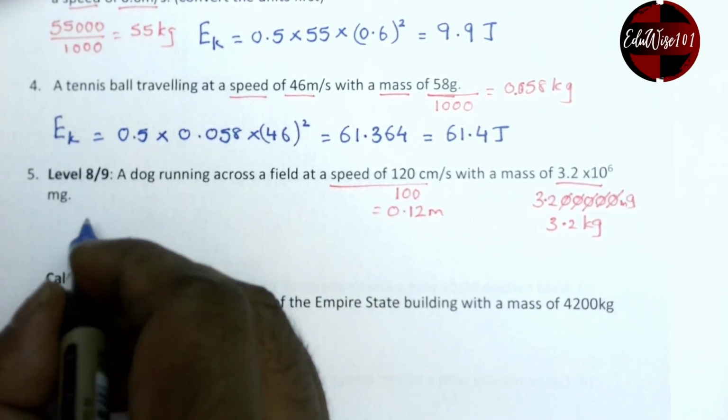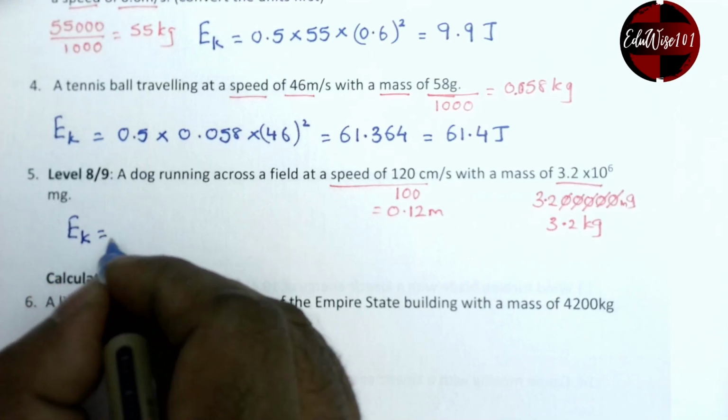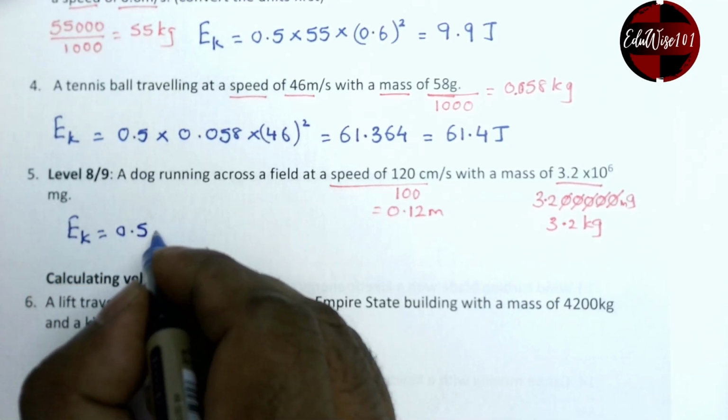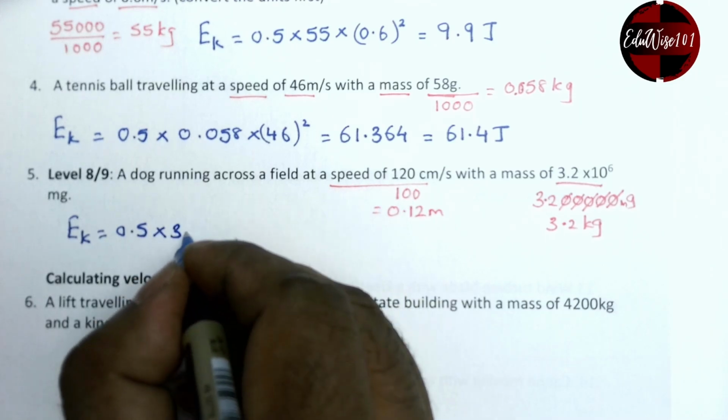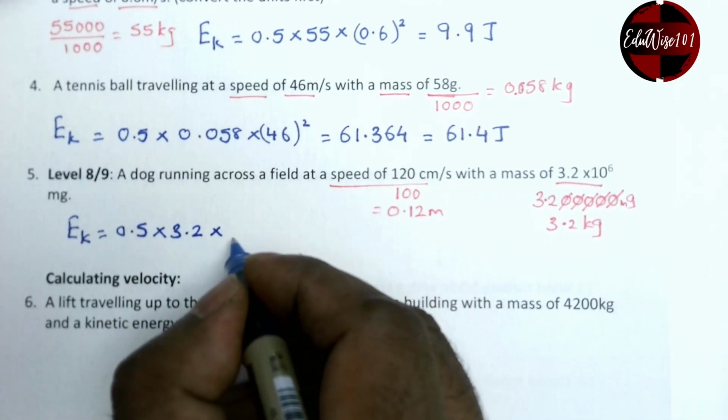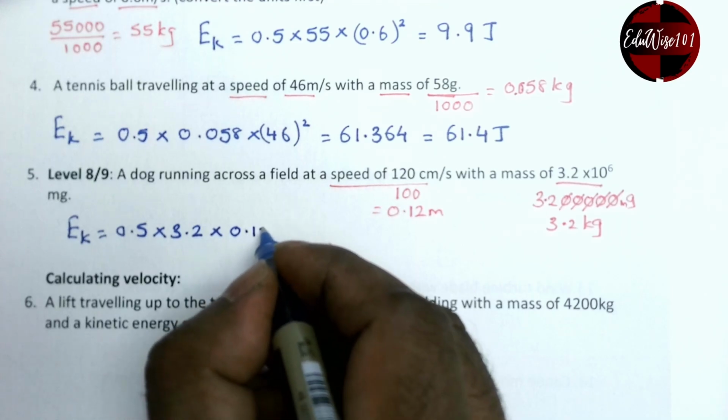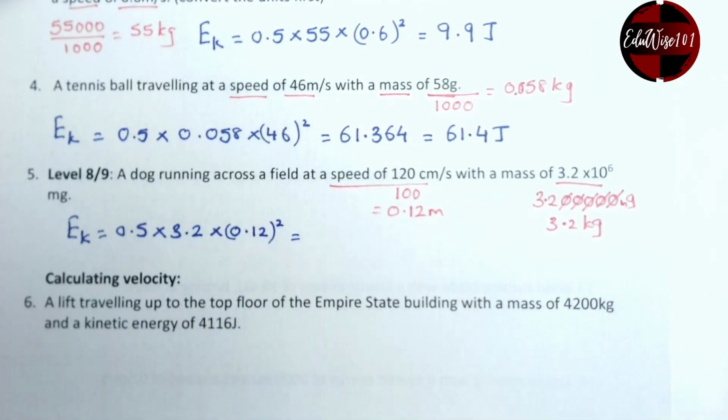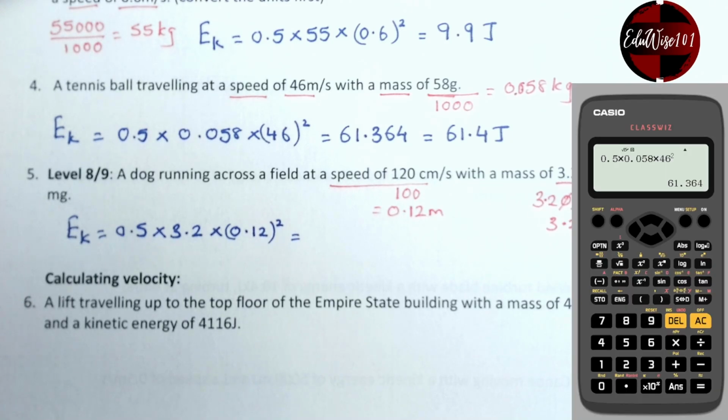So looking at the equation, EK equals 0.5 times 3.2 kilogram multiplied by 0.12 squared. Calculate up again. 0.5 multiplied by 3.2 multiplied by, now I can square it or multiply the same number by itself, so 0.12 times 0.12 will also give me the same answer.